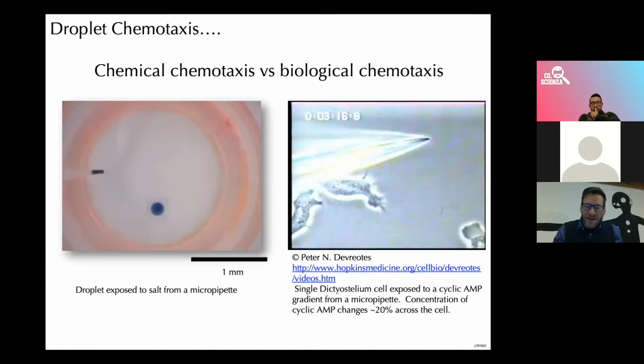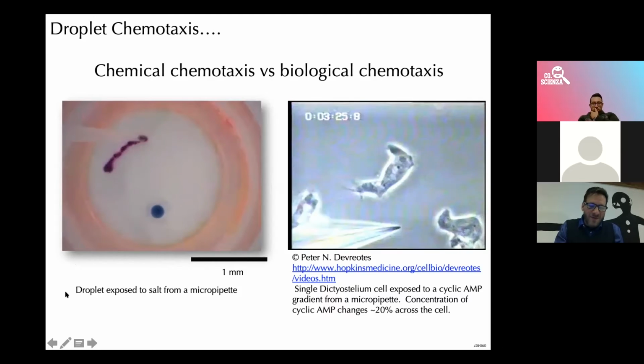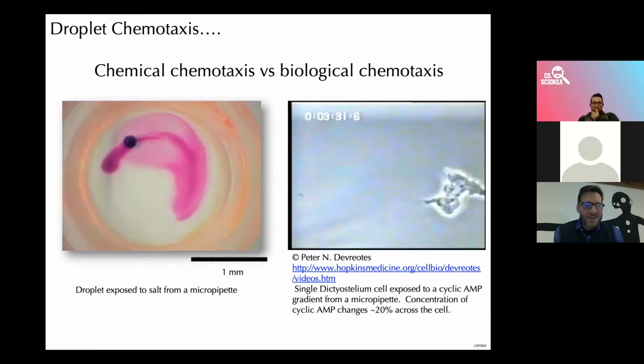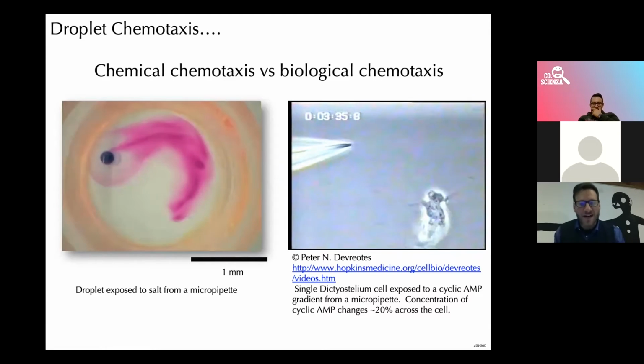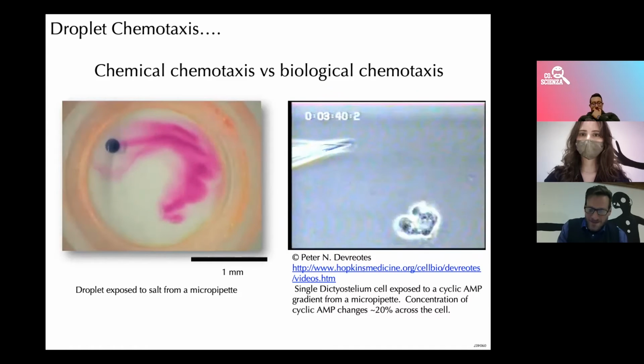So that's biological chemotaxis. It's very sophisticated what's happening in this particular case on the right. But with our little droplets, we're able to do quite a similar thing. As you can see here, we're going to make a road of chemistry here. And the droplets can sense this and then move directionally through those things. So we have a non-biological example of chemotaxis in this case.